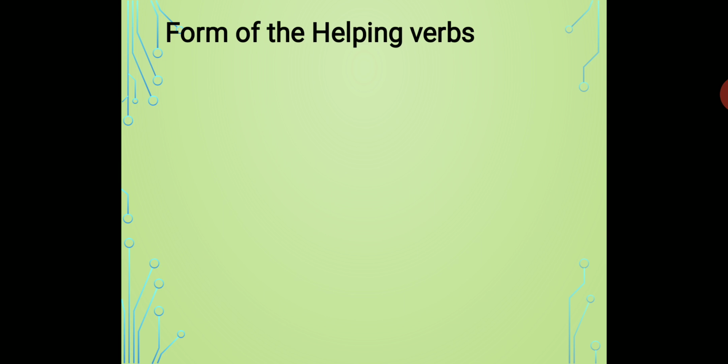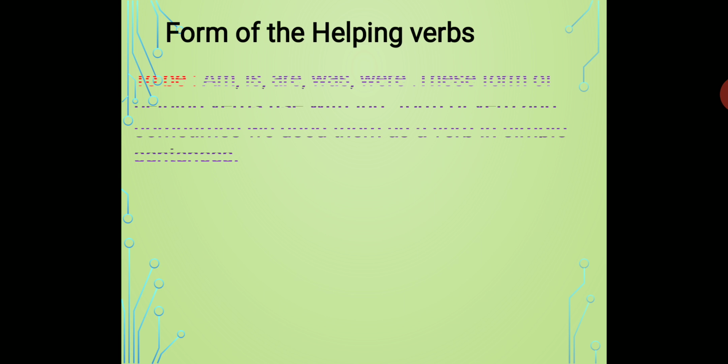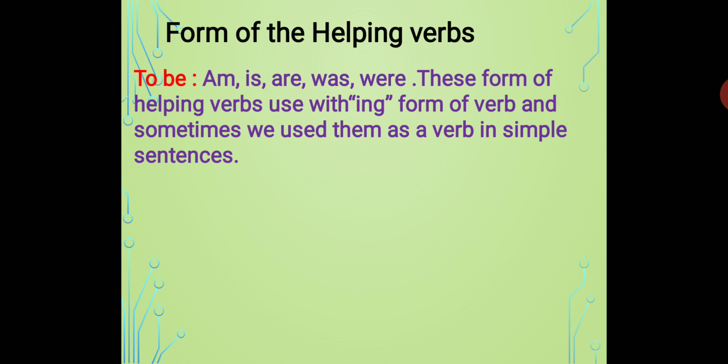As we know, there are three main forms of the helping verbs. To be form. In the to be form, am, is, are, was, were are the helping verbs. And this kind of helping verb is used with the ing form of the verb.